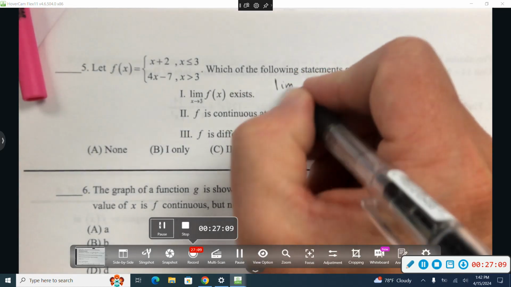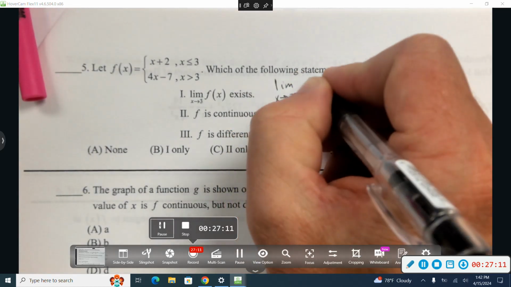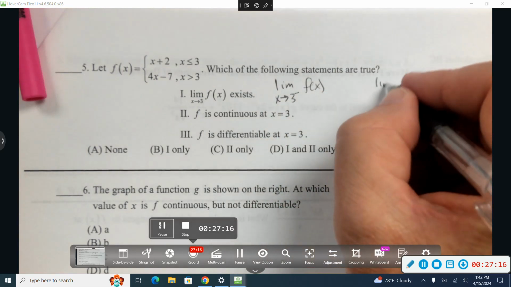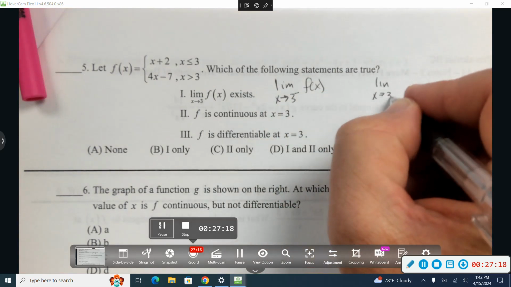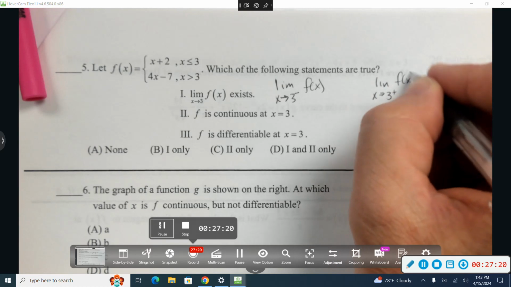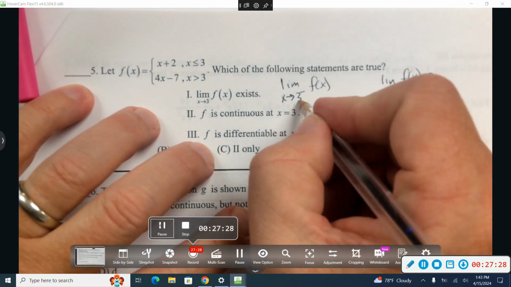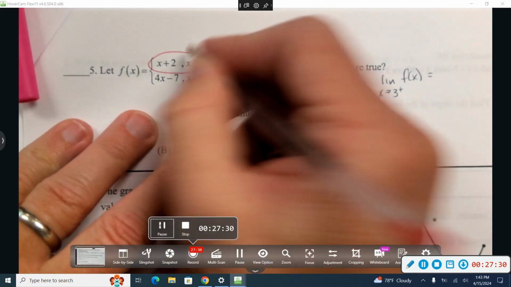I need to check the limit from the left, so that would be the left limit, and the limit from the right, and see if those are the same. So left limit equals right limit, that would mean the limit exists. The left limit would be when x is less than 3.